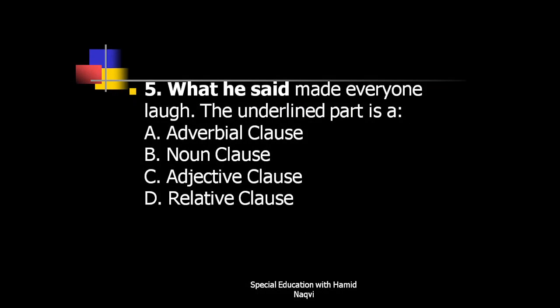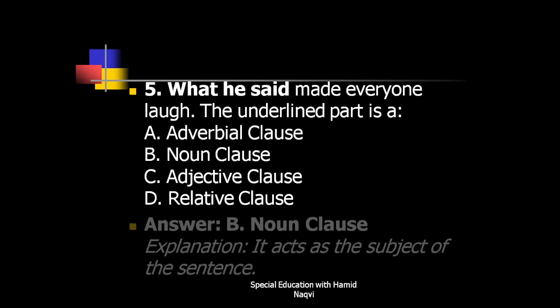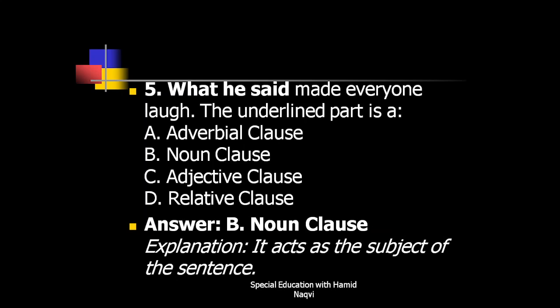"What he said made everyone laugh." What he said. What is this clause? Adverbial, noun, adjective or relative? The answer is noun. What he said. And the reason is simple, it acts as the subject of the sentence. What he said is acting as a noun.